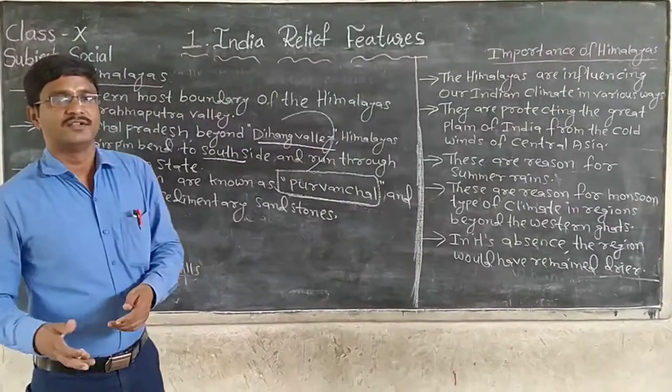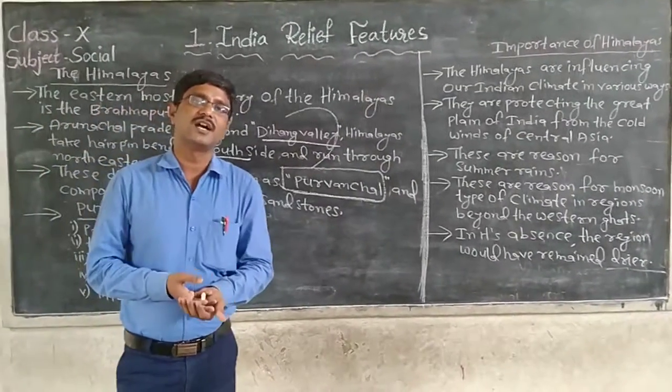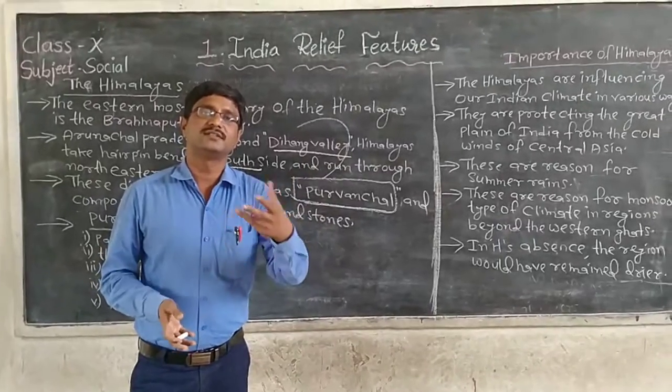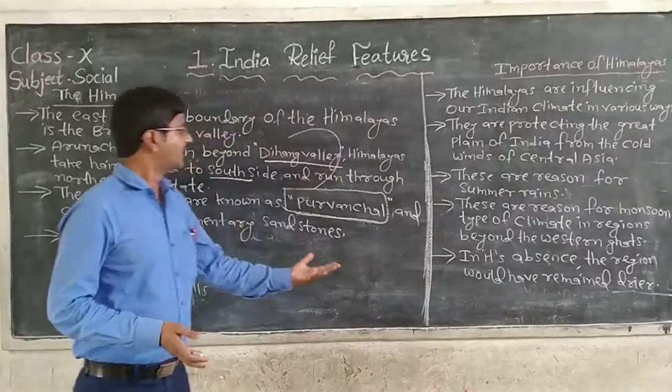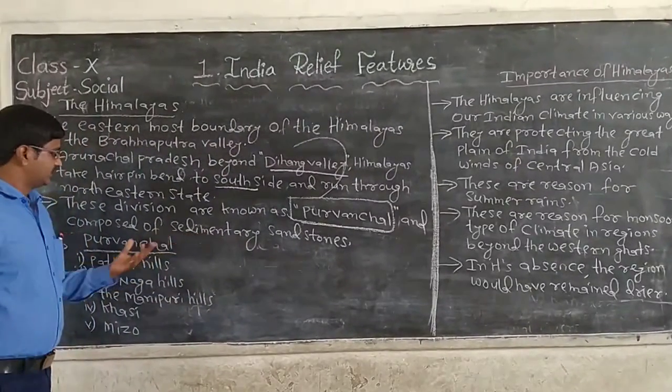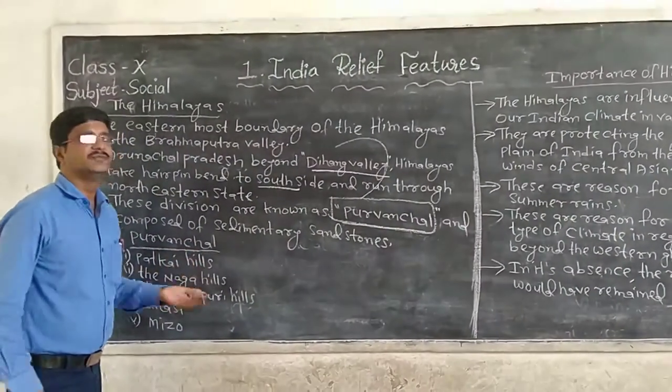Just like in the previous class we learnt that the Shivalik mountains are called different names in different regions, here also the Purvanchal mountains are called different names in different regions.